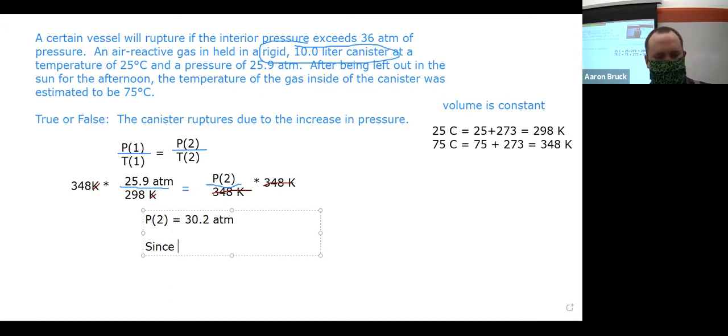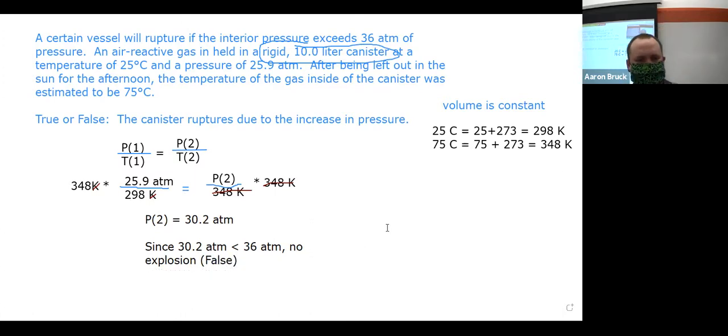And since that 30.2 atmospheres is less than the threshold, there's no explosion. So that would be one approach that we could take to solve this problem.